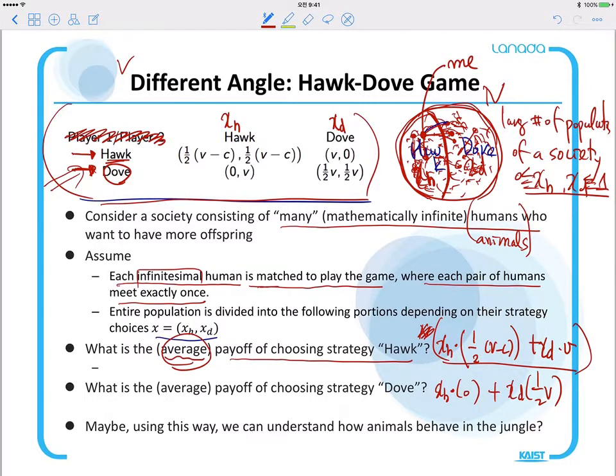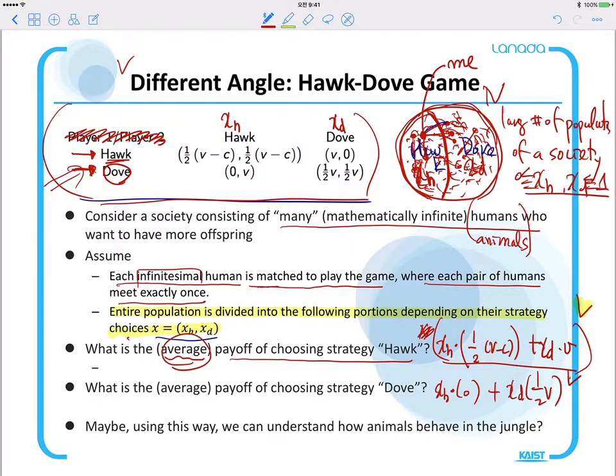So if I'm the guy here, under the condition that the population is divided into portions depending on their strategy choices, then I can compute the average payoff using this way and that way.